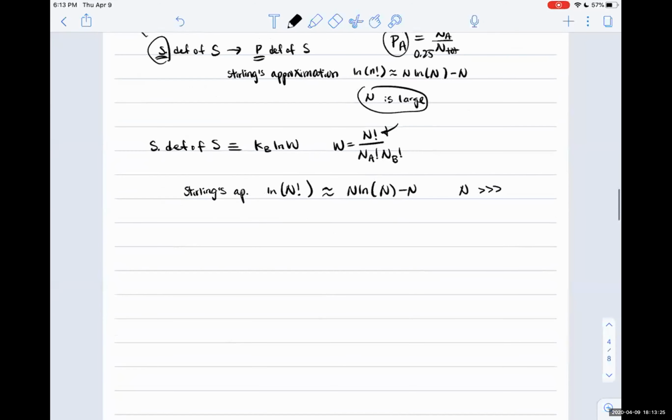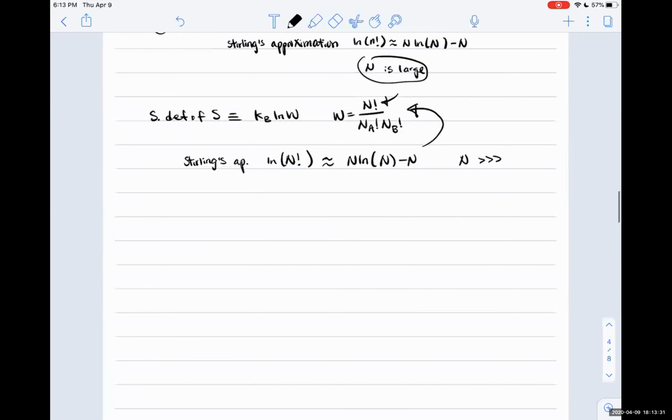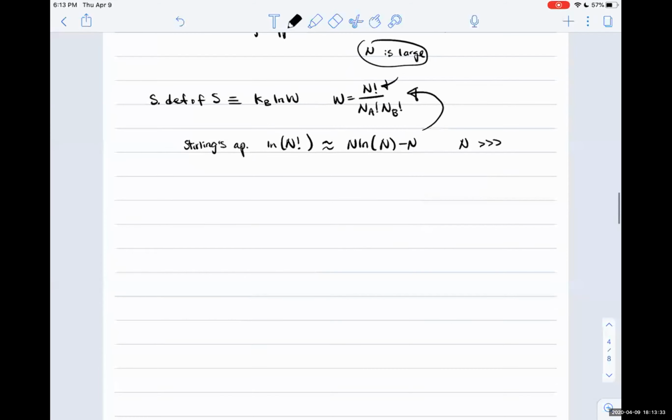Then we plug this into W. This is very similar to ln W, so we substitute ln W using Stirling's approximation, and after that it's just algebra and simplification, and in the end you should get the probabilistic definition of entropy.